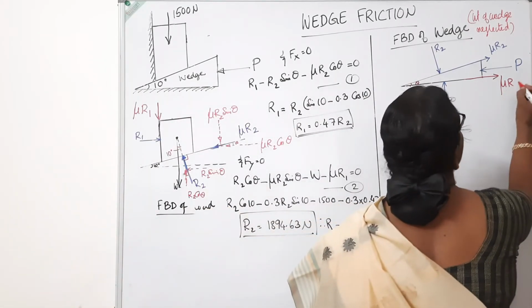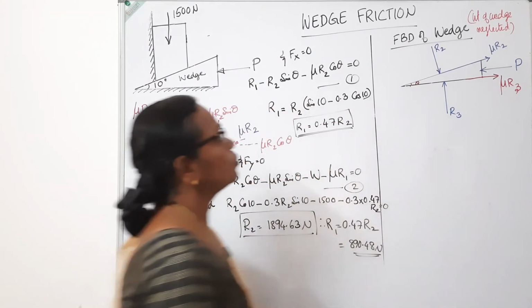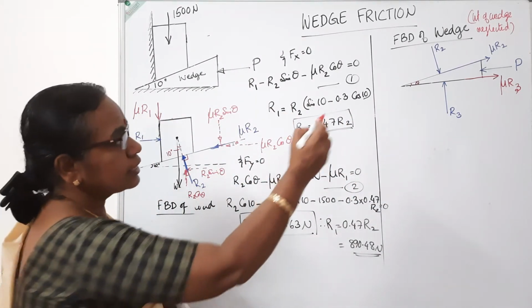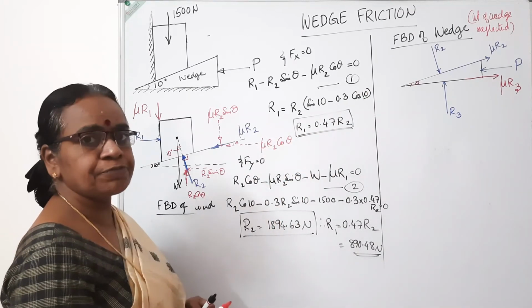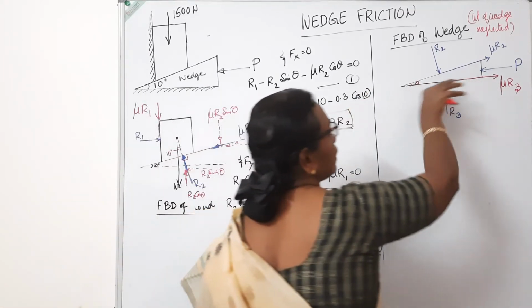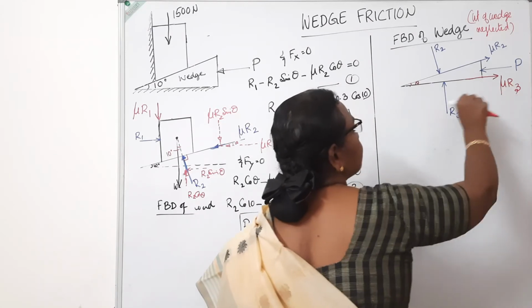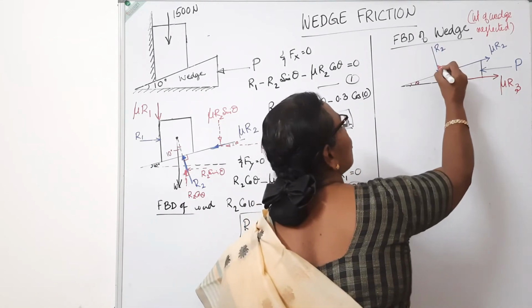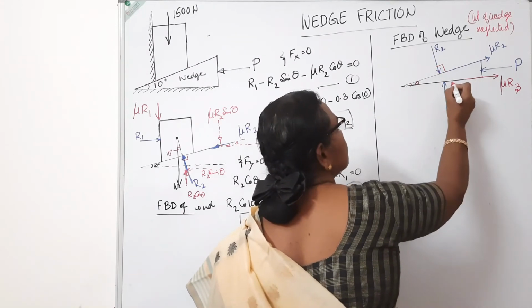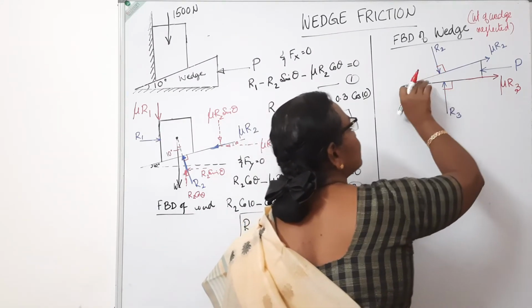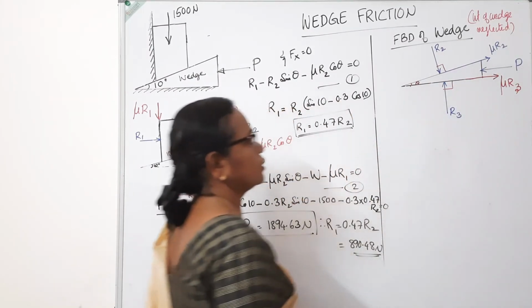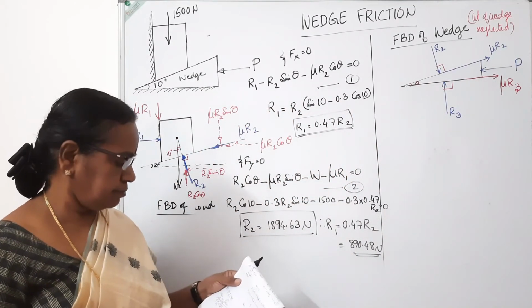So the forces acting on the wedge are the external force P applied towards left. At this contact surface there will be friction mu R3. At this contact surface there will be a reaction normal to the surface, and frictional force mu R2 in this direction, mu R3 in this direction. So these are the forces.